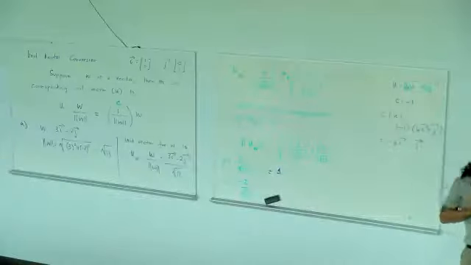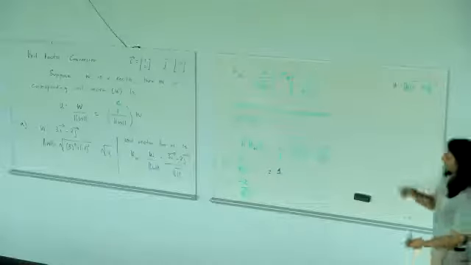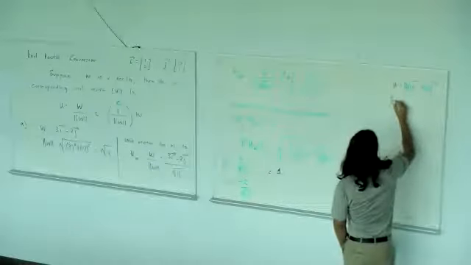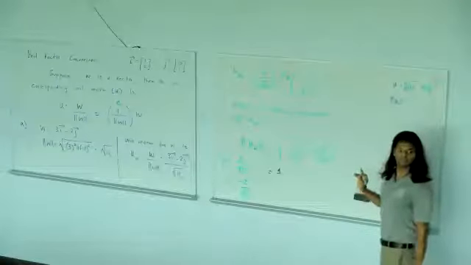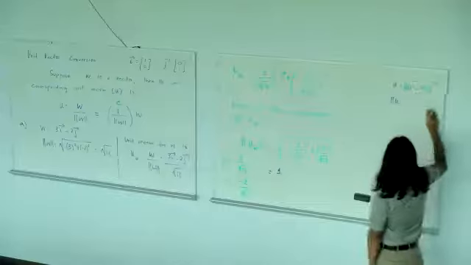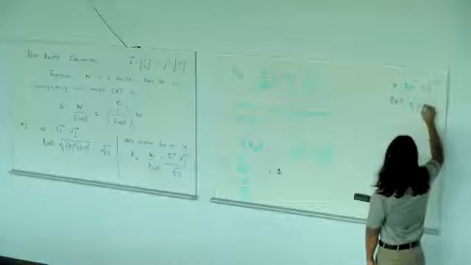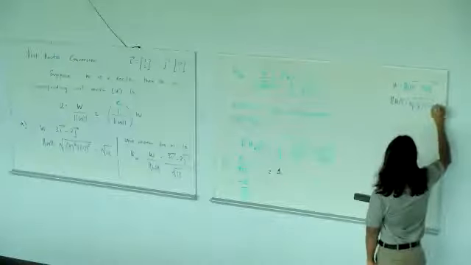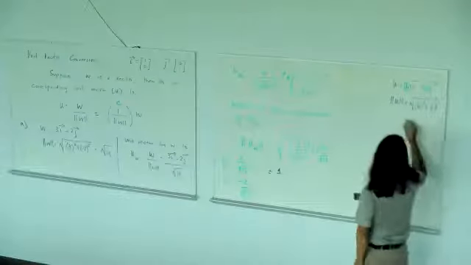Find the unit vector for 4I plus J. What is the magnitude? For u, the square root of 4 squared plus 1 squared, which is square root of 17.